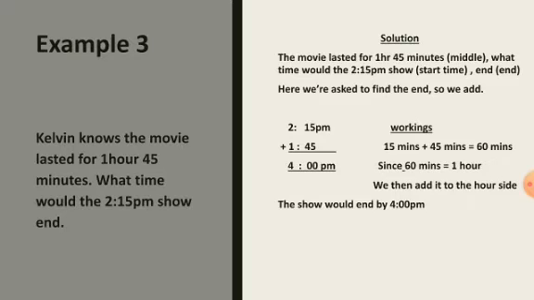So our 60 minutes becomes 1 hour, which we are going to add to our hour side. So then we have 2 plus 1, which is 3, plus the 1 we carried over, which is 4. So our answer becomes 4 p.m. I hope we got that.